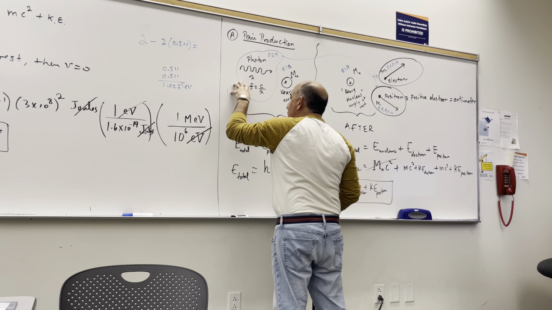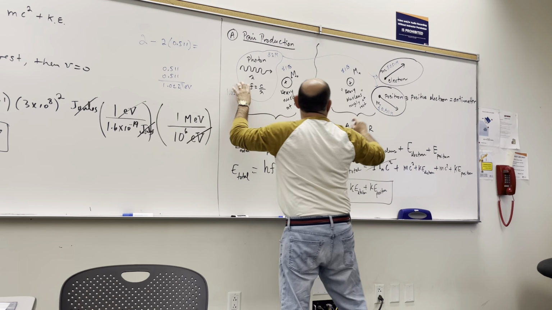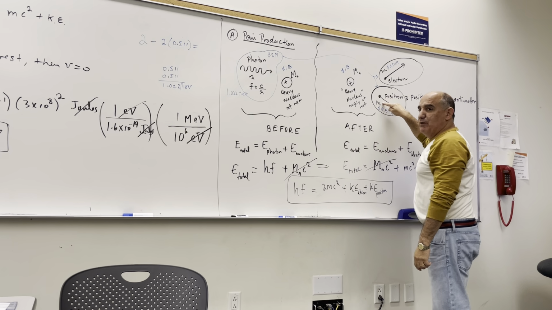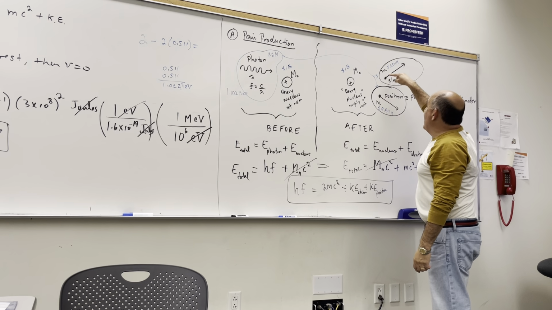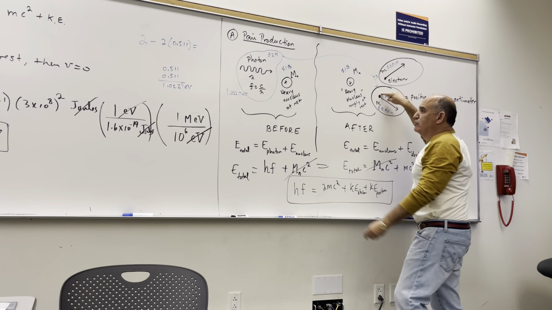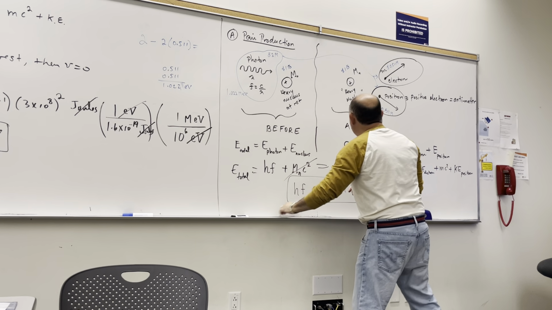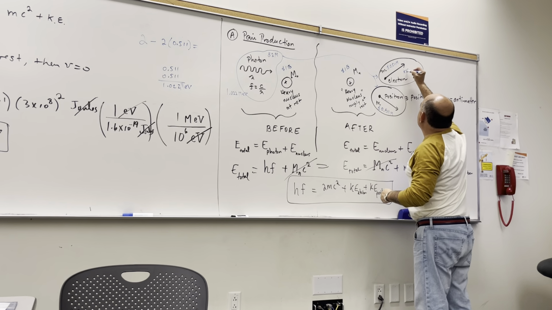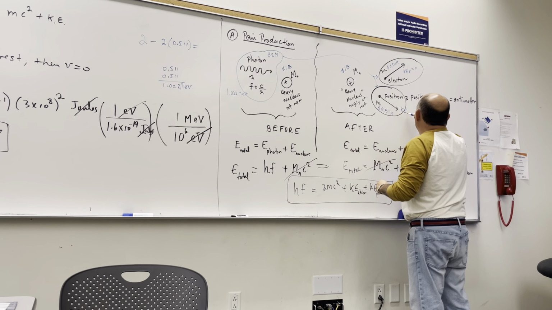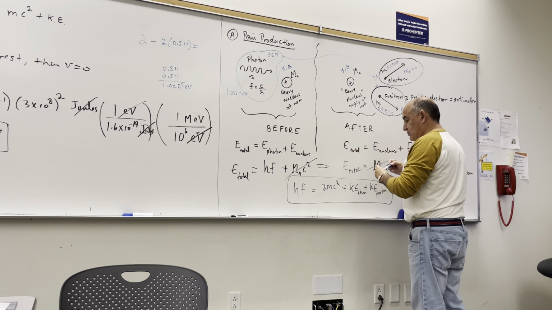Then half of that energy will make this electron, and the other half of that energy will make this positron. If you add the rest energy of this electron and the rest energy of this positron, it will be exactly equal to that. In that case, the kinetic energy of this electron is going to be 0 because there's no energy left over, and the kinetic energy of this positron is also going to be 0.